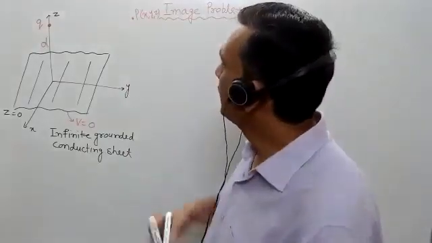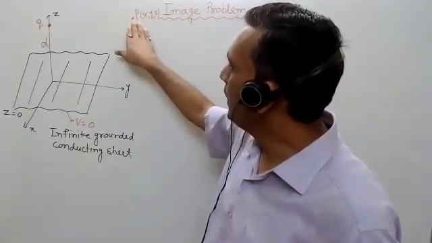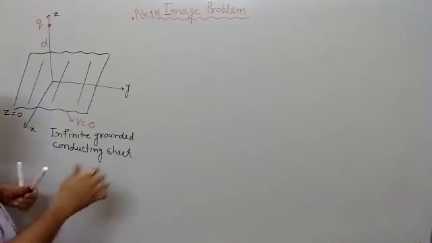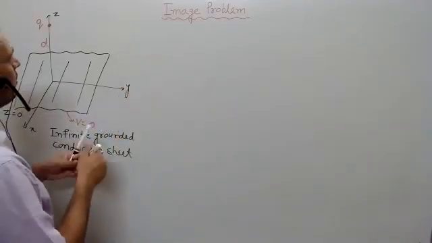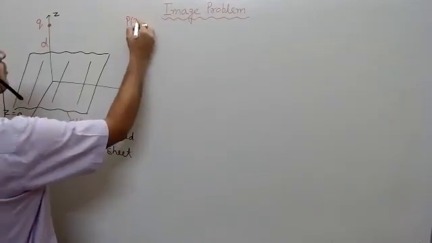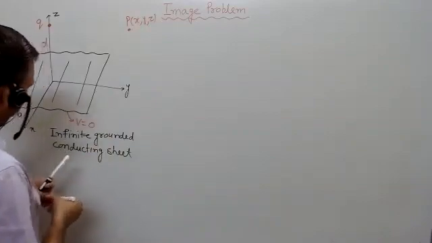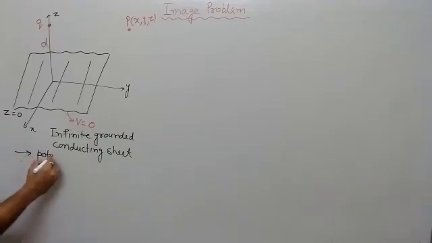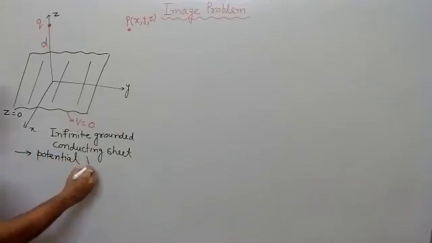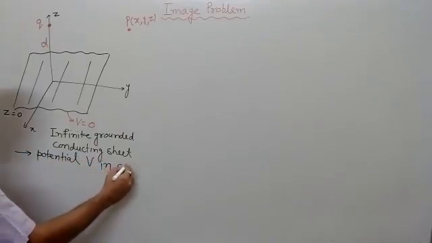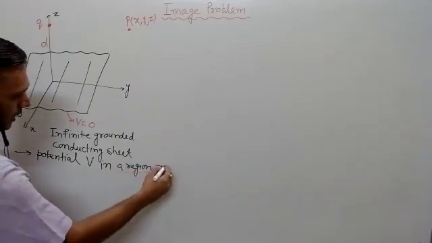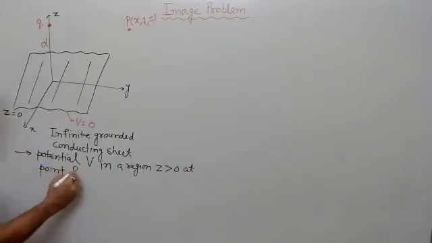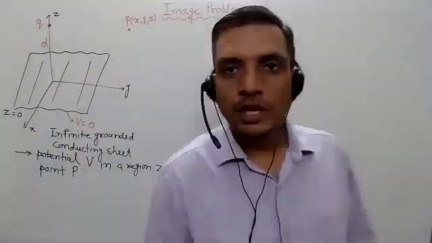Consider this point P. First we have to find what will be the potential at point P. So we have to define the potential V in the region z greater than 0 at point P. We have to write the potential at P.